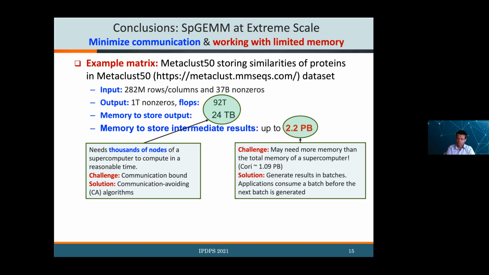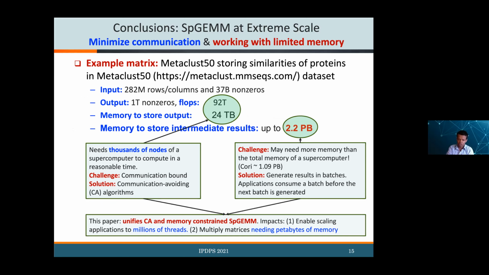So in conclusion, this work is about how to minimize communication and how to work with limited memory in performing matrix multiplication. Our contribution is how to unify communication avoiding and memory constrained SpGEMM, with the impact that we can scale to millions of threads, and we can multiply matrices that need petabytes of memory.